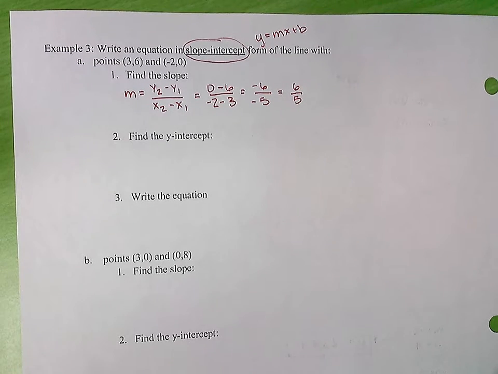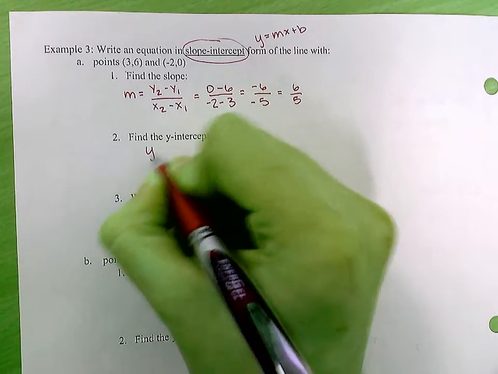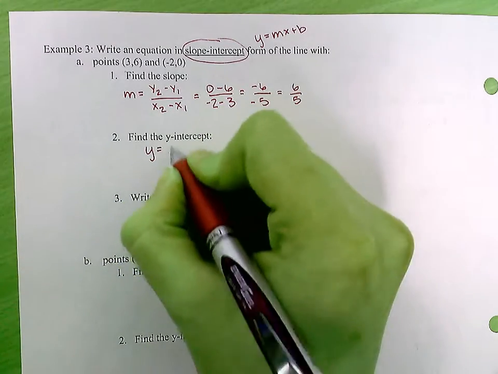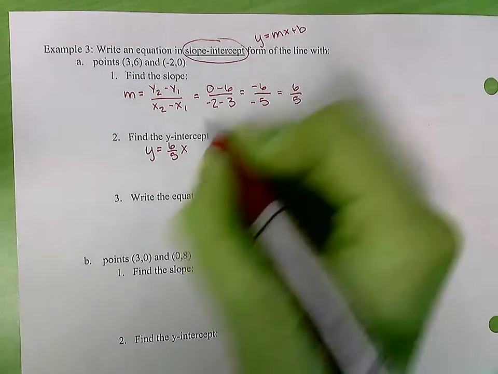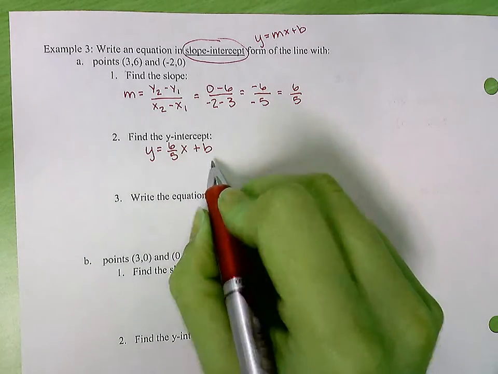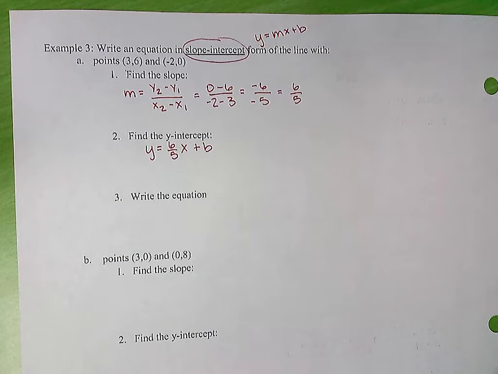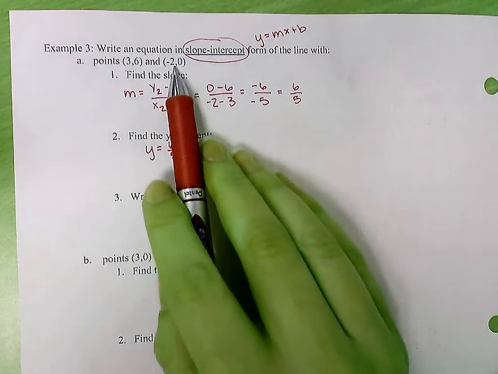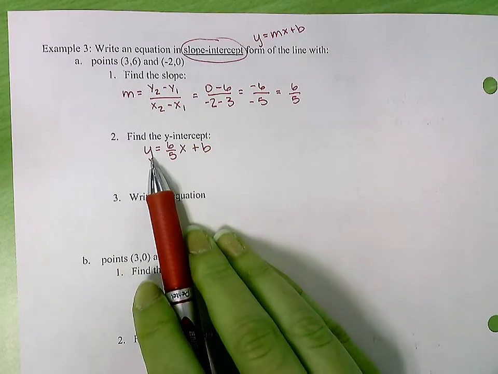Next I need to find the y-intercept or that b value in my equation. So I'm going to use my slope and my equation. y equals our m is 6/5 times x, and we need to find this b value here. Well, x and y are just our coordinates, so I can plug in one of these 2 points for x and y.